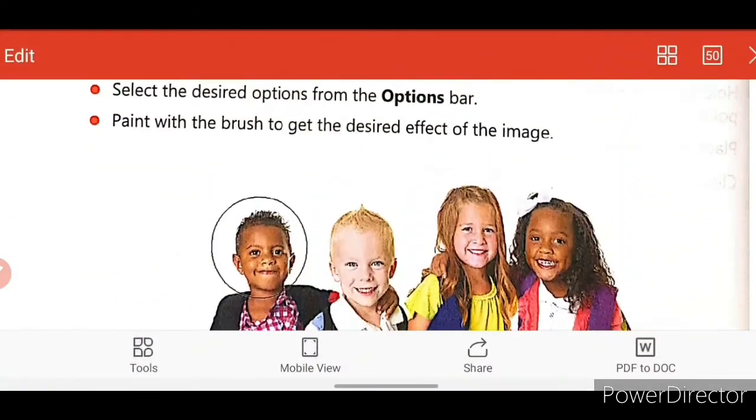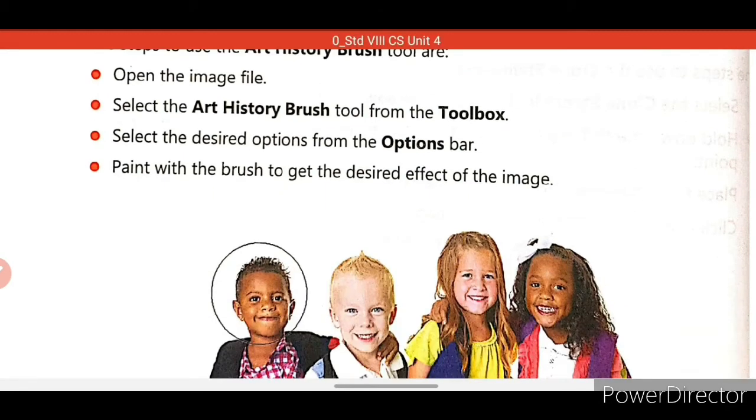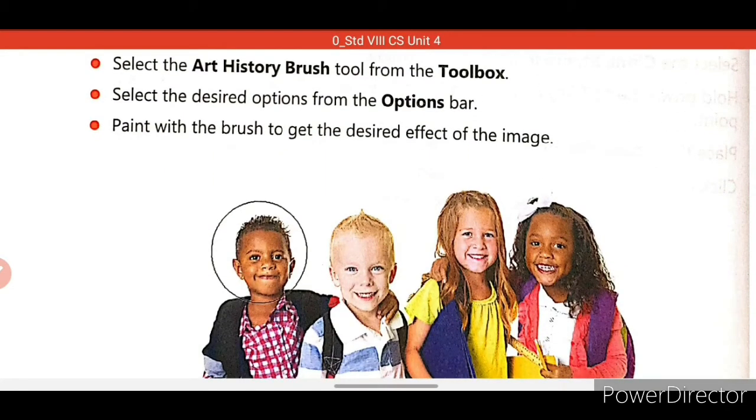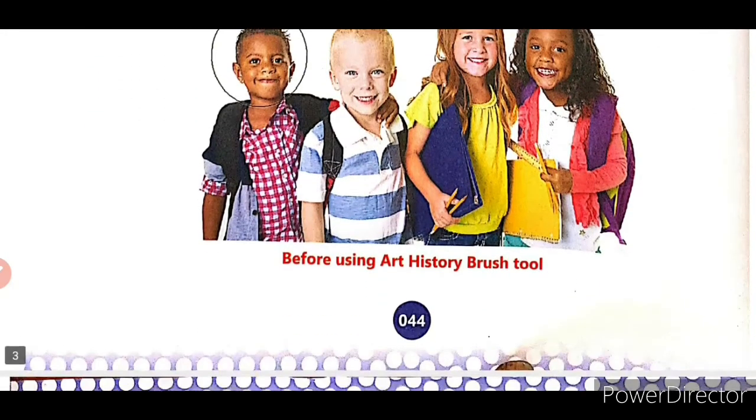Understand? So what are the steps you are going to follow? First open the image file, then select this tool from the toolbox, select the desired options from the options bar, then paint with the brush to get the desired effect of the image.